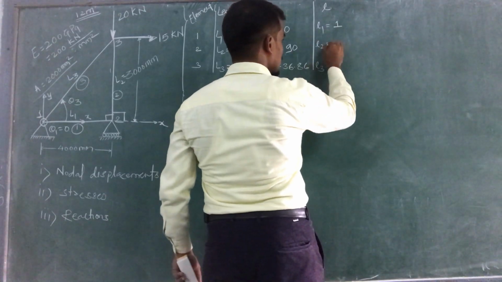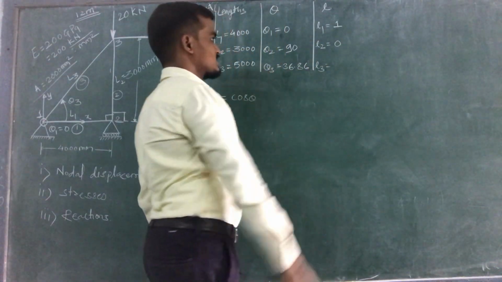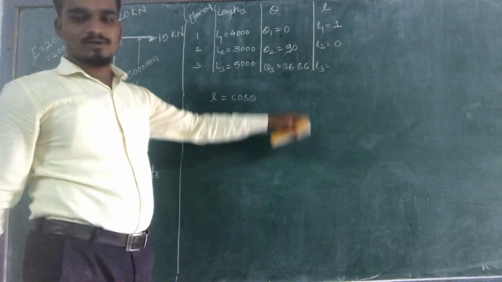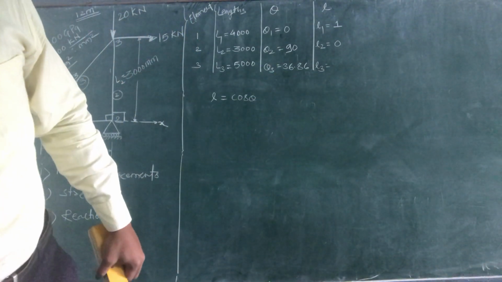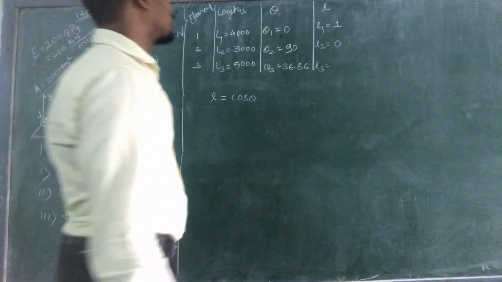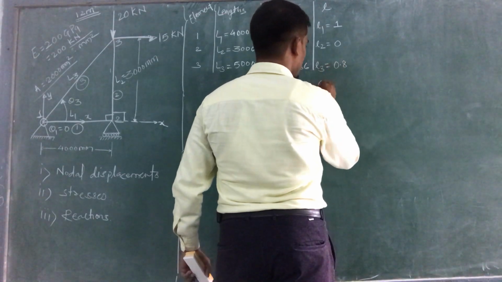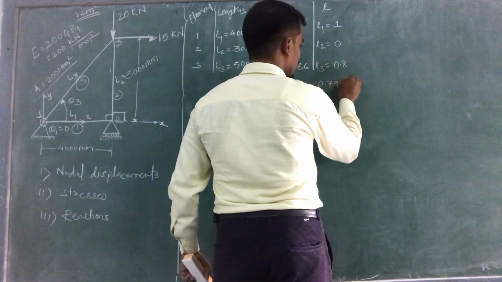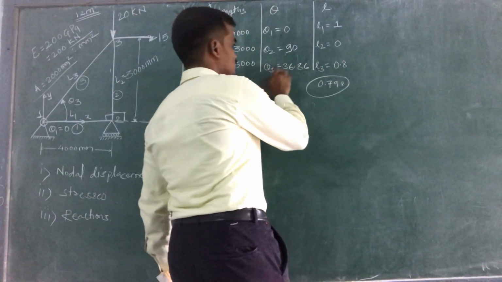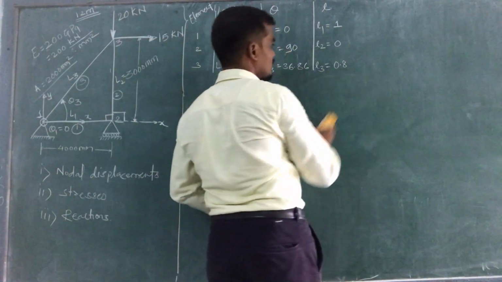Cos 90 is nothing but 0. Now cos 36.86, its value is 0.8. 0.798 is the value for this cos 36.86. So I am taking the round figure value as 0.8.